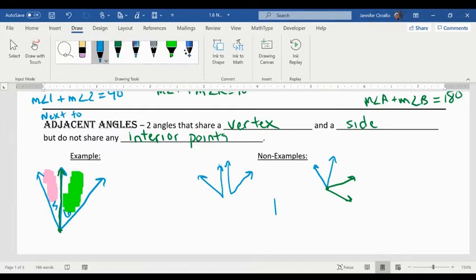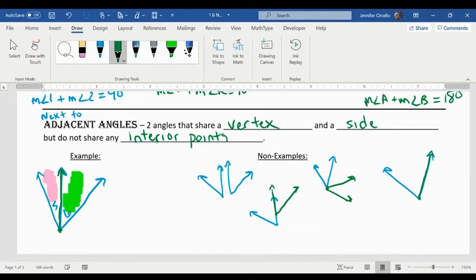This is your first angle, and then you have a green angle that comes off of the blue one like this. These two share a side, but they do not share a vertex, so those are not adjacent. I have one more non-example. This is your starting angle, and then the second angle shares this side.